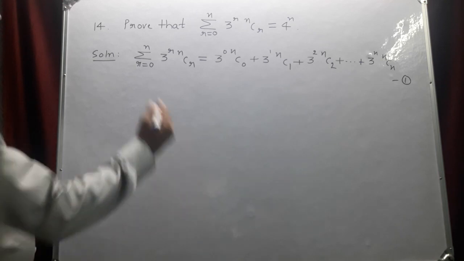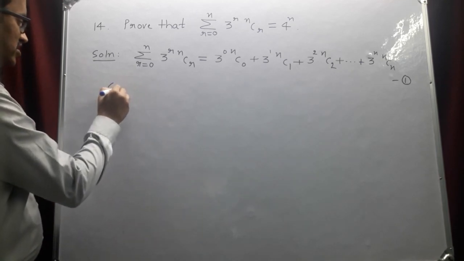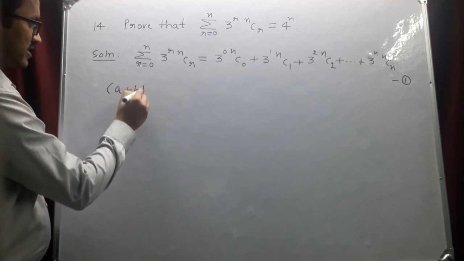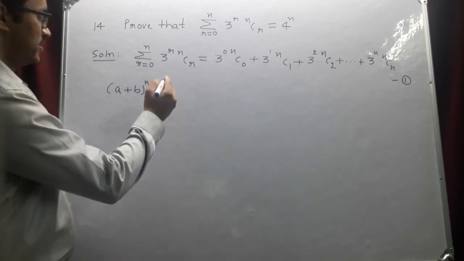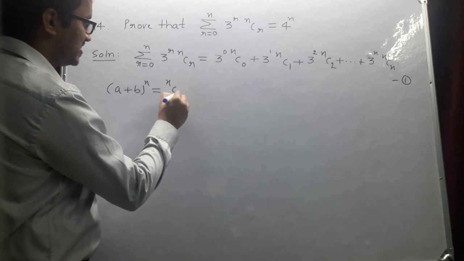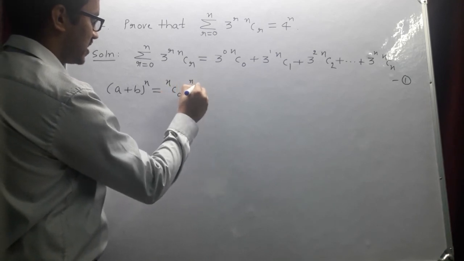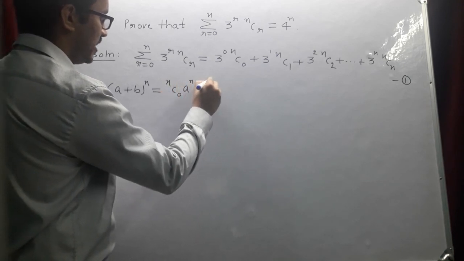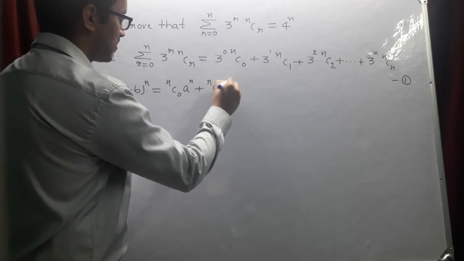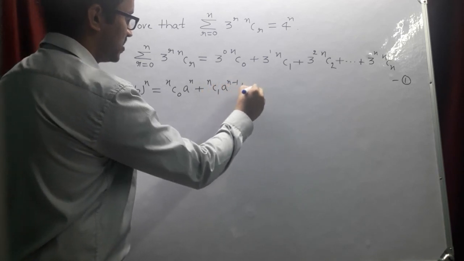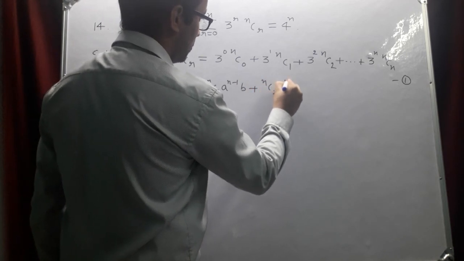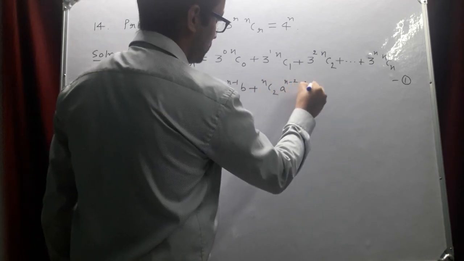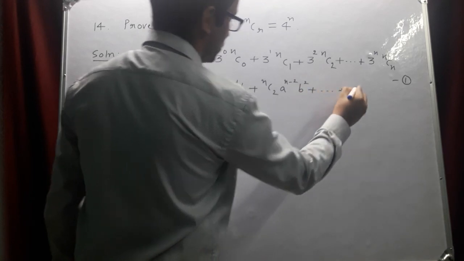Now we know the binomial expansion, that is a plus b power n is equal to nC0 a power n plus nC1 a power n minus 1 b plus nC2 a power n minus 2 b square, and so on.